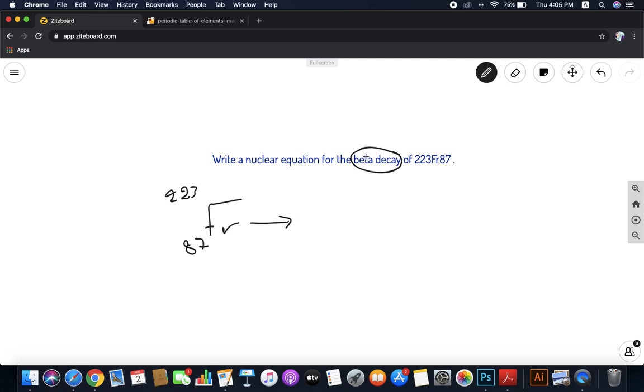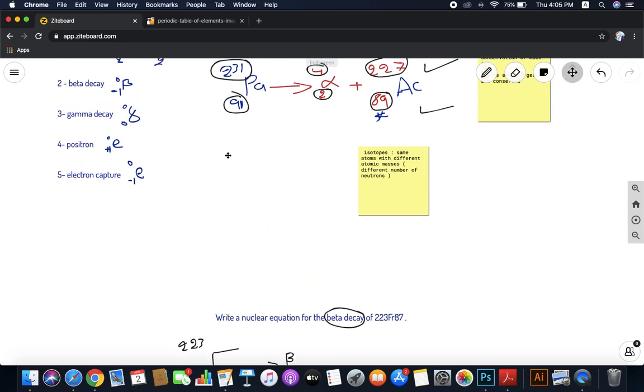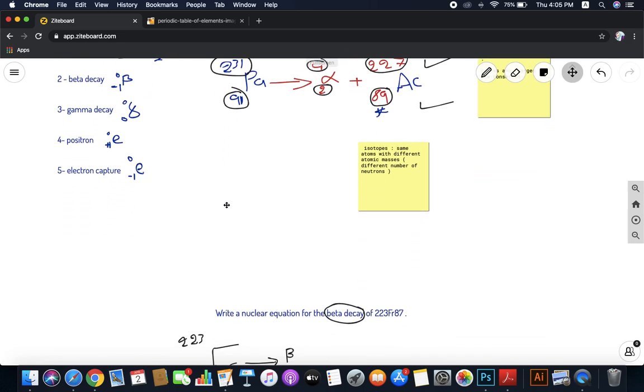So, arrow, beta decay is a product. Here I write beta.